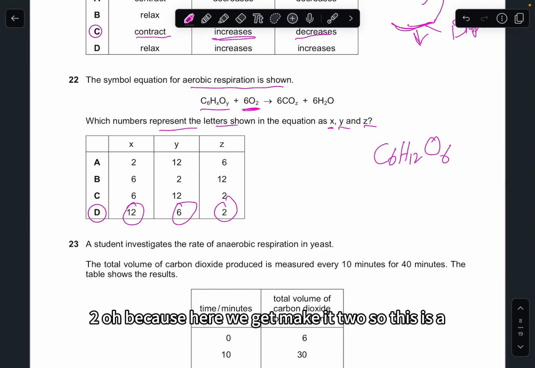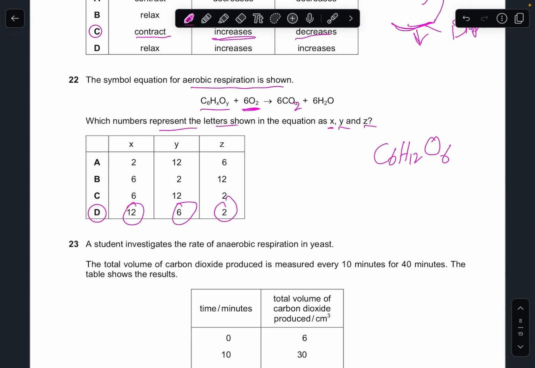We keep the equation balanced, so you understand: here we have 6 oxygen, and here we have 12. So in total we have 18, and here we have 6, so here we must have 12. So it should be 2.